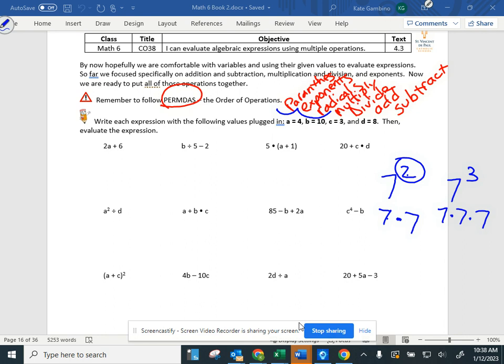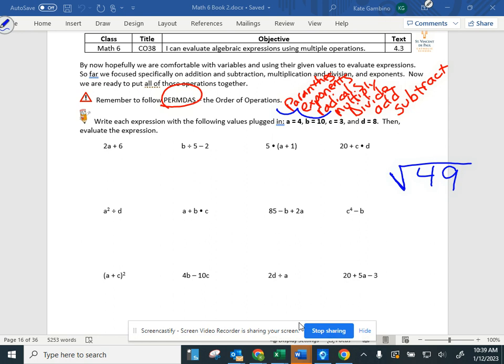So what is a radical? That's on the same line as the exponent. What is the opposite of exponents? If I said 7 squared is 49, how do I go backwards? What is a radical? What do we call it? Square root.